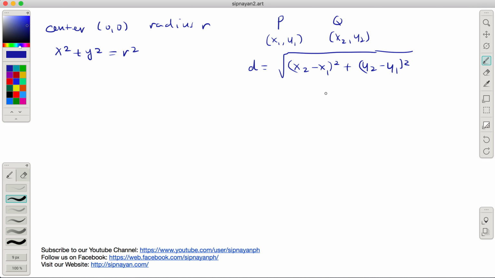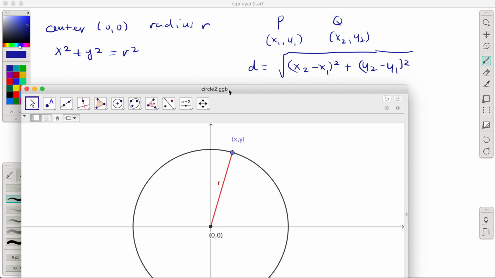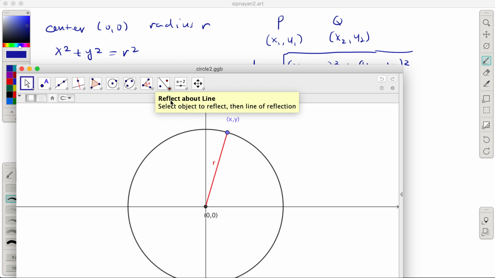Okay, so how do we relate the two? Suppose we have a circle with equation x squared plus y squared equals r squared. Its center is (0, 0) and its radius is r. How do we use the distance formula?